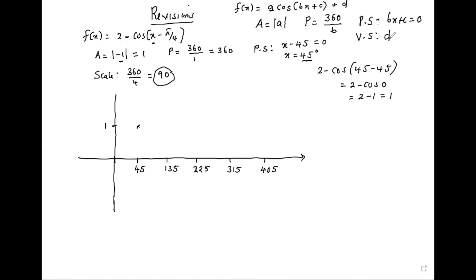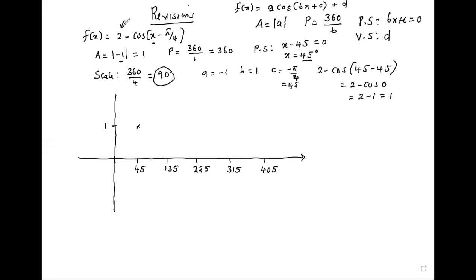So if we come back to our question, a is -1, b is 1, c is minus pi over 2 over 4, which is equal to 45. d is 2. So that's why we have the amplitude 1, the period 360, the phase shift 45.